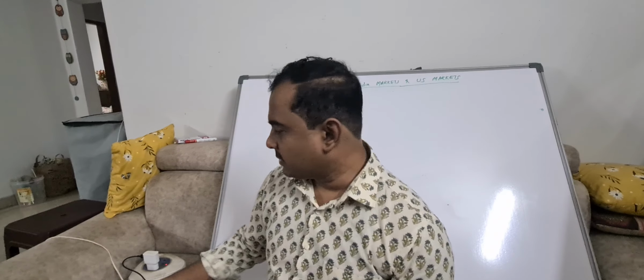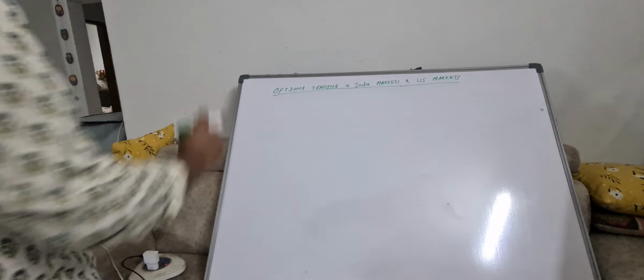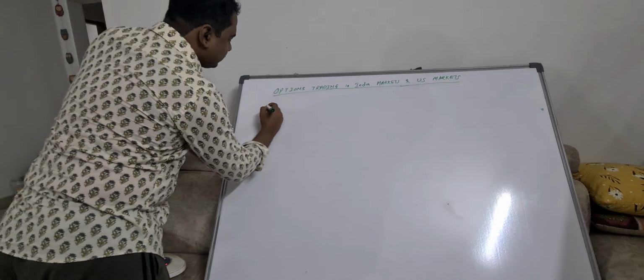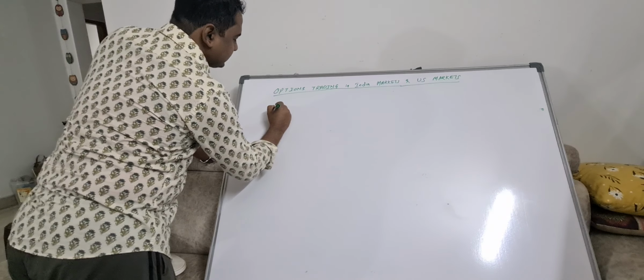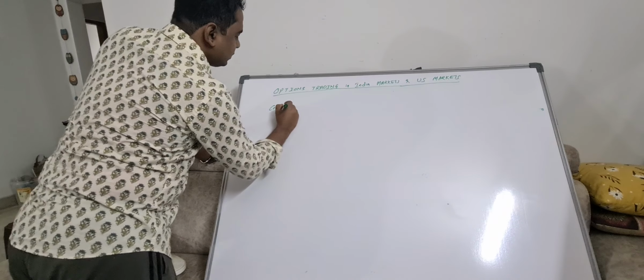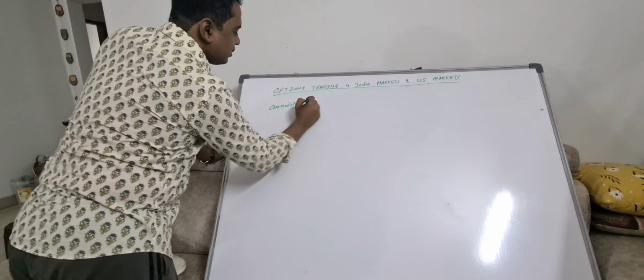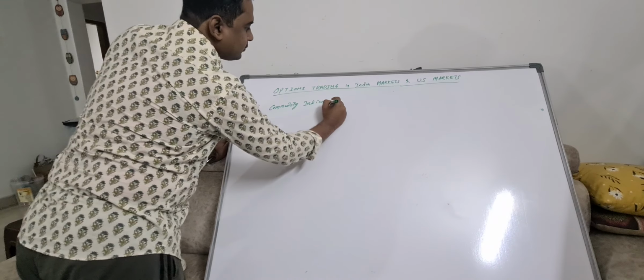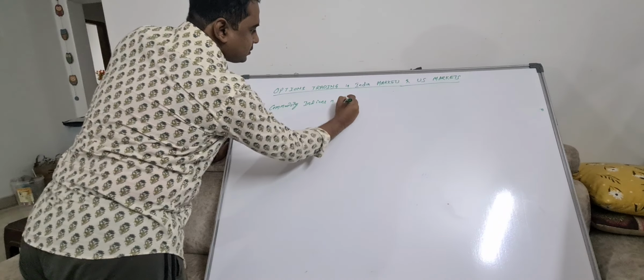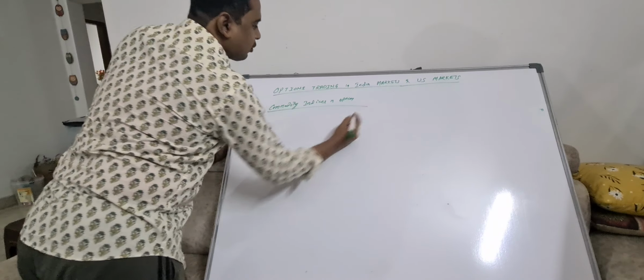Now coming to options trading, we are still continuing with options trading in Indian and US market. Now we talked about equity indices. Now we will talk about commodity indices in options. Okay. So what are the commodity indices?